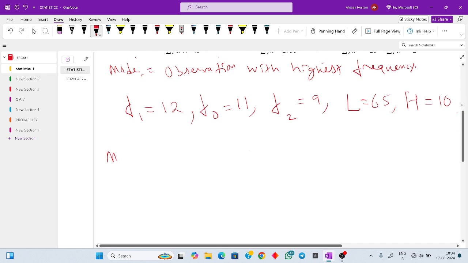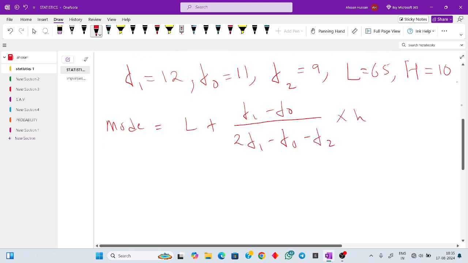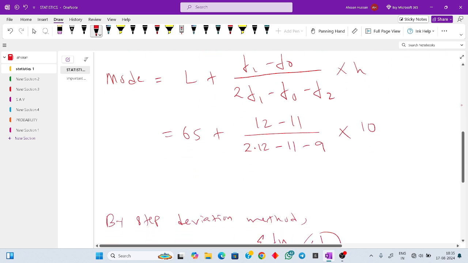Now we find mode. Mode equals L plus F1 minus F0 over twice F1 minus F0 minus F2, multiplied by H. So L is 65 plus 12 minus 11 by 2 multiplied by 12 minus 11 minus 9, multiplied by 10.